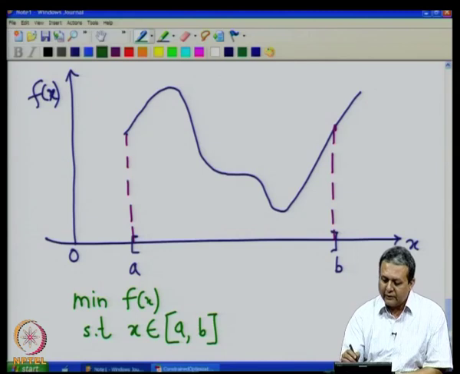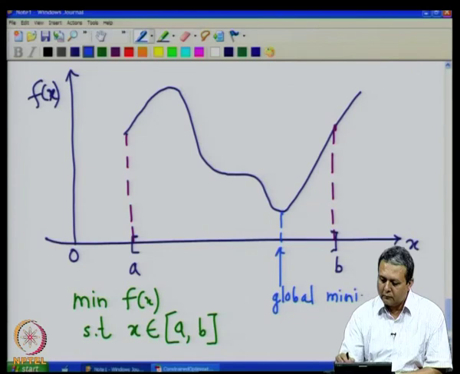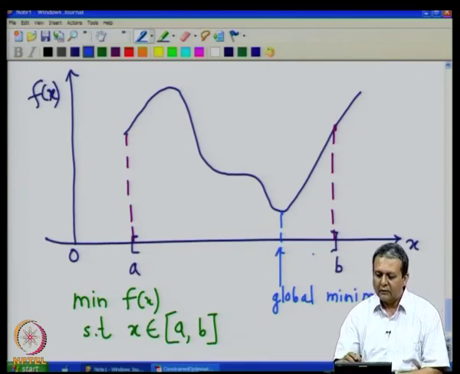So, by that definition, this point becomes a global minimum. In the constraint set, there is no other x which has a function value lesser than this. So, this is a global minimum.